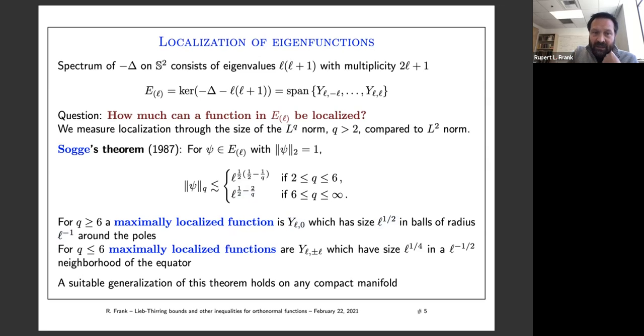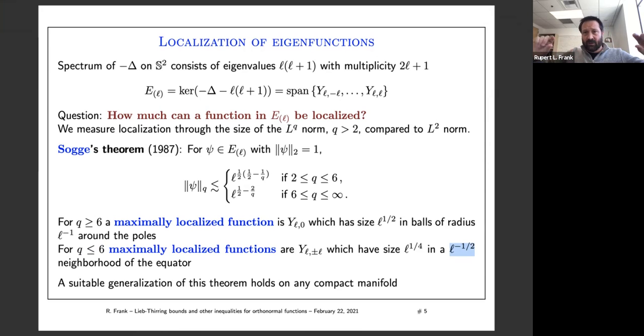The story is a little bit different when you go to powers Q which are below 6. In that case, you do not want to localize functions at only a single point, but rather you want to localize them around the equator, which is a bigger set. Again, there's a certain size of this set, L to the -1/2.